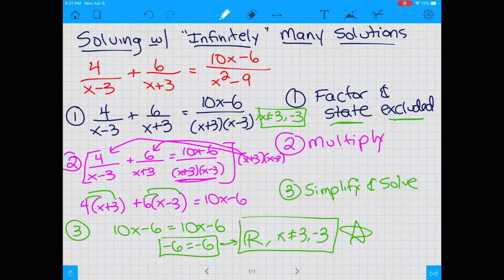However, I still have to get rid of these two guys right here, or however many values from step 1. If I had 3 unique factors, I would be getting rid of 3 numbers at the end. You need to make sure the stuff that you state that gets excluded comes down to your final answer, because it's every number except for the ones that make your denominator 0.